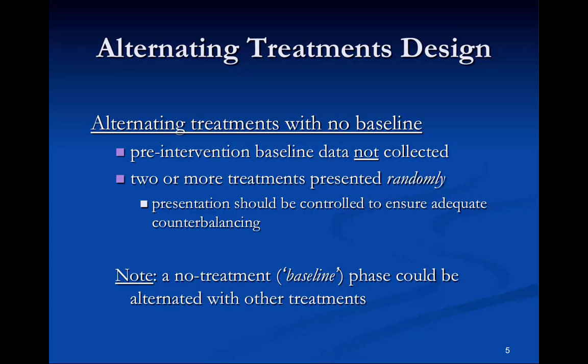So, these alternating treatments with no baseline: the pre-intervention baseline data are not collected. You alternate the treatments. You present them in sort of a random, although unpredictable, I would say, order. It's not technically random. Of course, oftentimes you will have a no treatment condition.